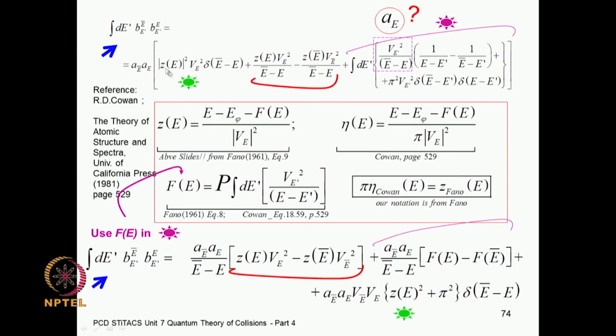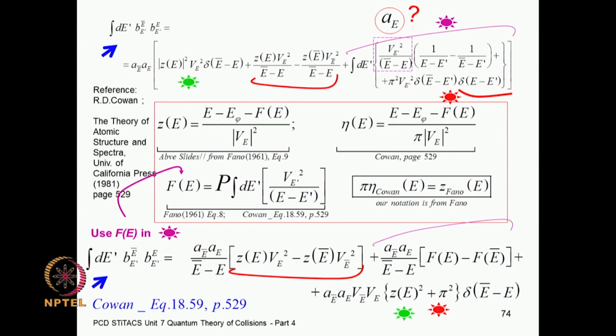And then you have this term which comes here, and then what are you left with? You are left with one term over here which has the pi square v square. So, the v square is here, a e bar a e is here, and the pi square is here, and then you have e prime equal to e. So, instead of e bar minus e prime, you have e bar minus e, because e prime has to be equal to e. That is what you get here.